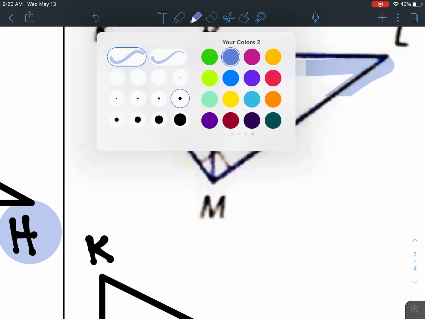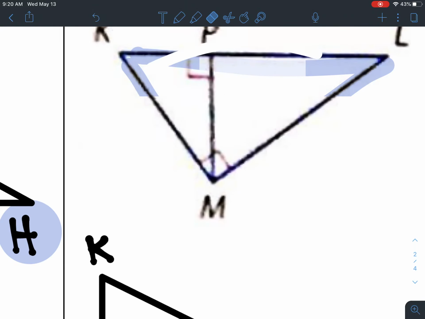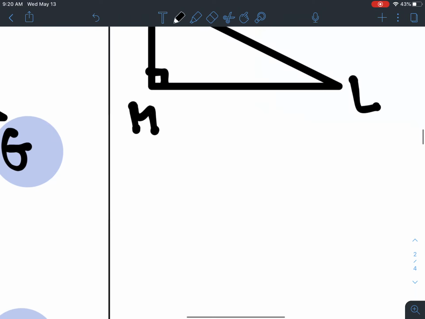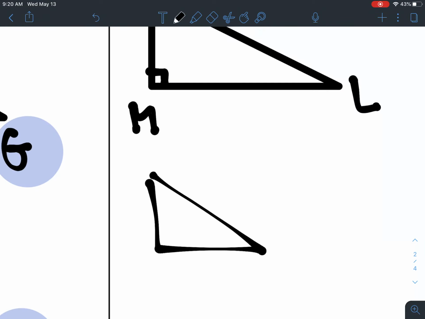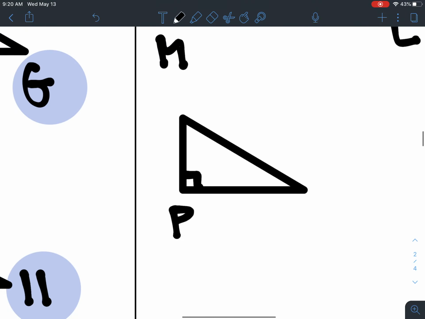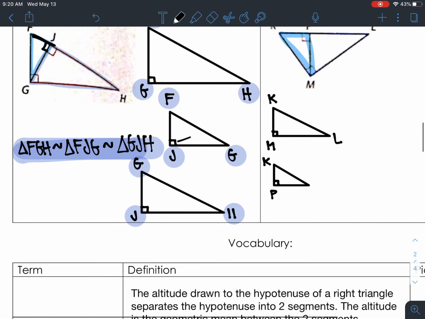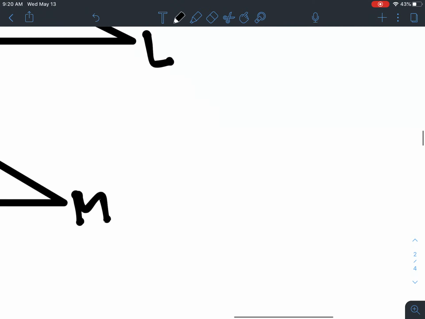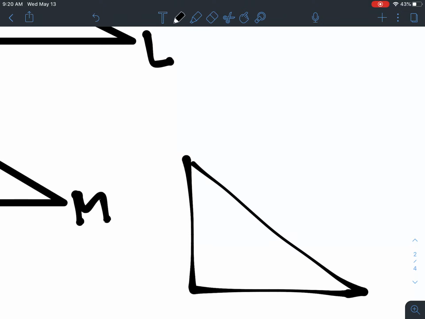So I'm now looking at this triangle right here, okay? So I'm going to draw my smaller triangle. All right, angle P is my right angle, KP is my small side, and then M. And then I have one more triangle I'm going to draw.